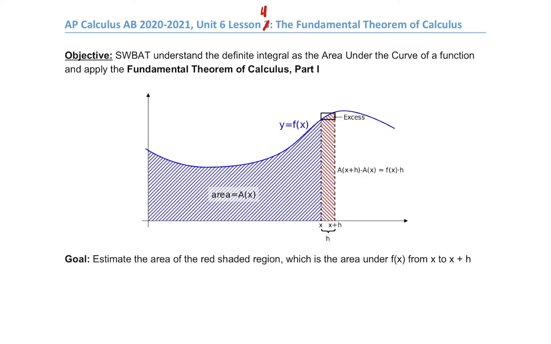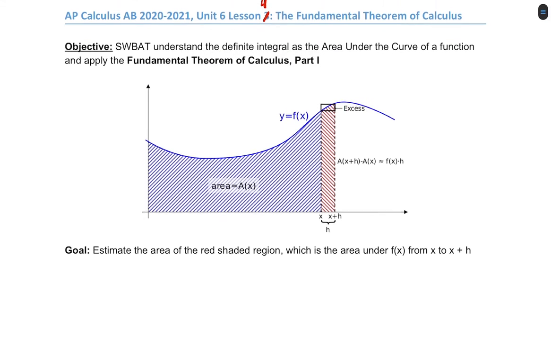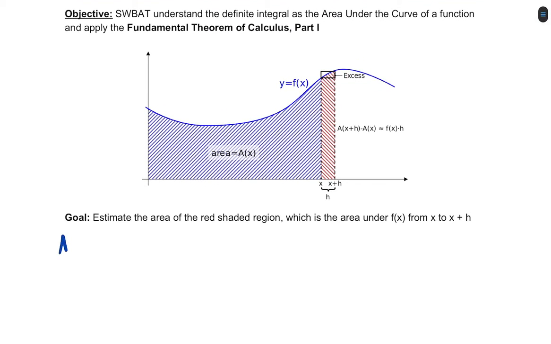The first really important thing is that I've defined this function A of x so that, and I'm going to write this down because it's so important, A of x is the area under f of x, so under that blue line, from 0 to x. So whatever you plug into that function, it tells you the area under the curve from 0 to x. We're making it up right now.